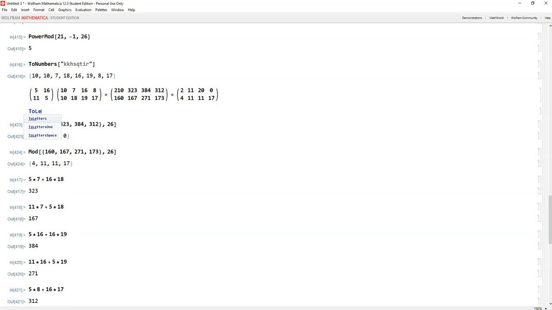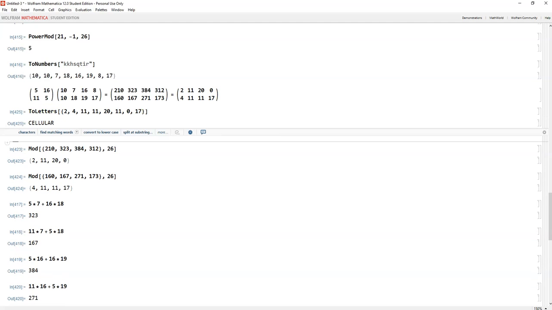And lastly, I send it back to letters, and again, I read down my columns. And we get cellular. All right, so there's an example of how to use matrices in the Hill cipher and their multiplication and their inversion.